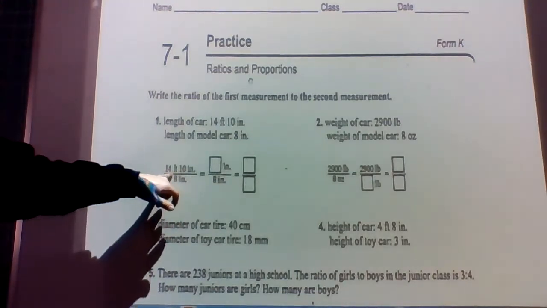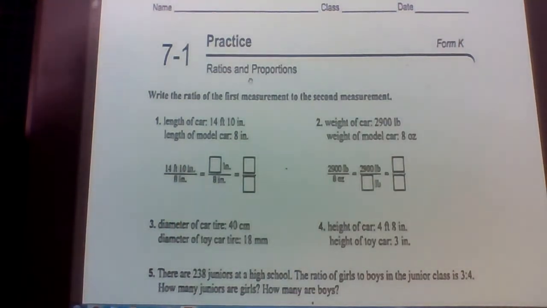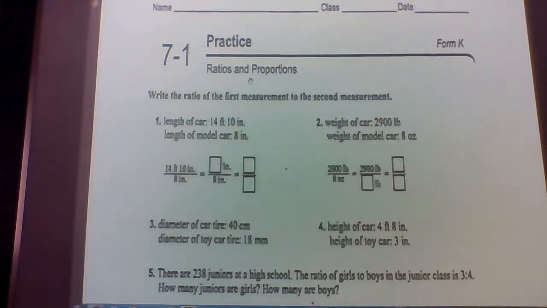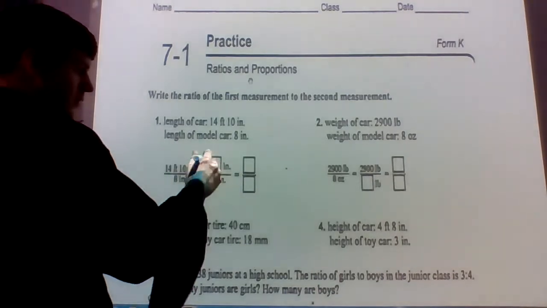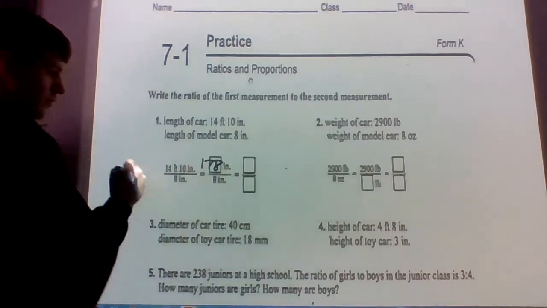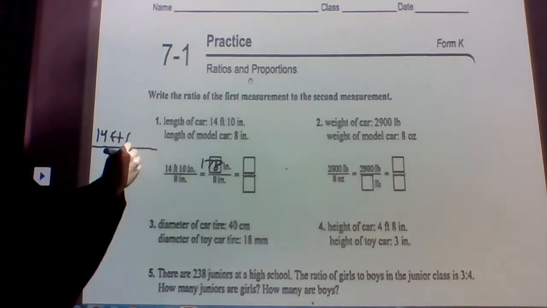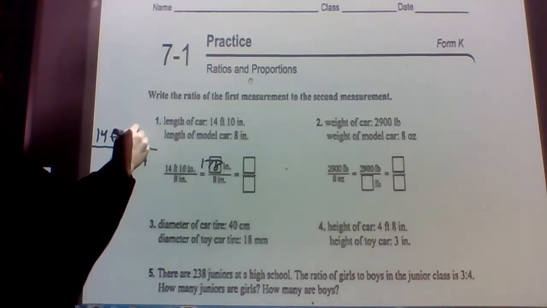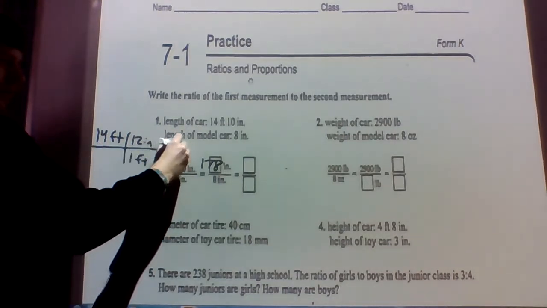They want us to put it all in inches. There are 12 inches in a foot. So 144 plus 24 is going to be 168. If we convert feet into inches, 14 feet has 168 inches.